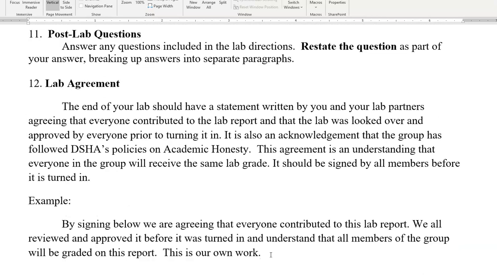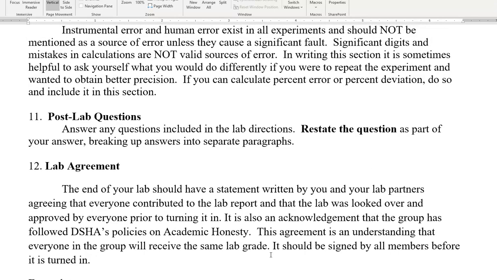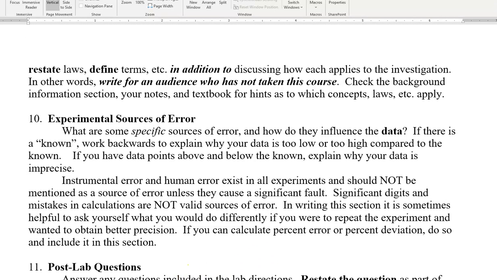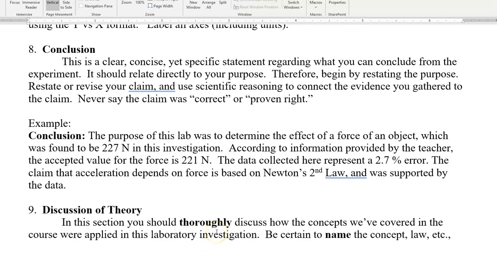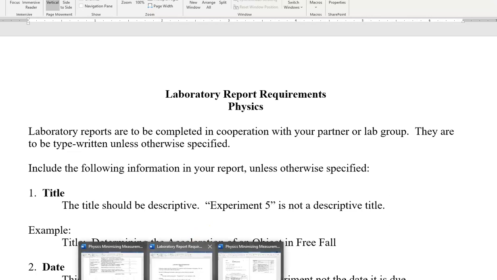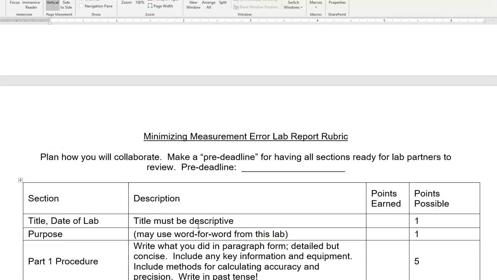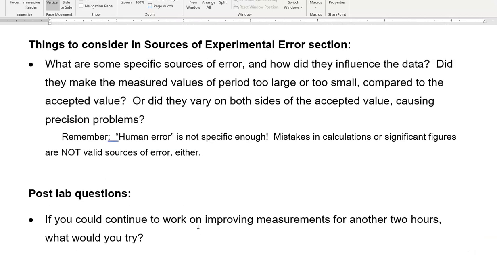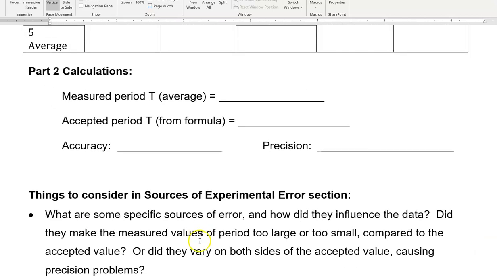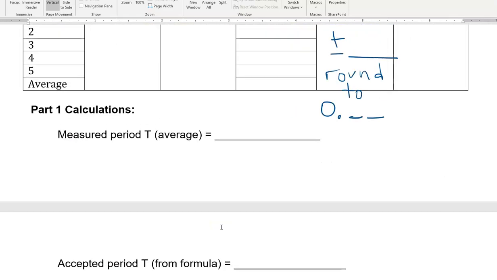So this has an explanation of each section of a lab report. All right. I just want to remind you that you should look at the rubric. That is going to give you hints. And then, of course, on Friday, I can answer more questions that I didn't answer in this video.